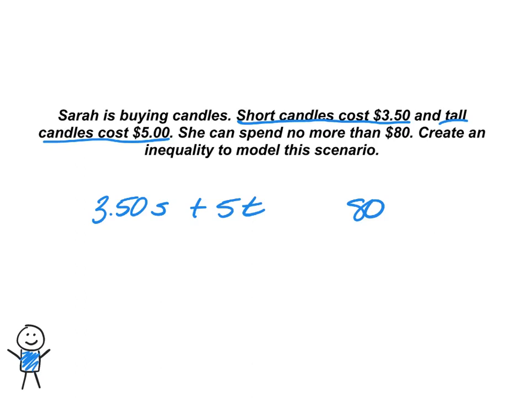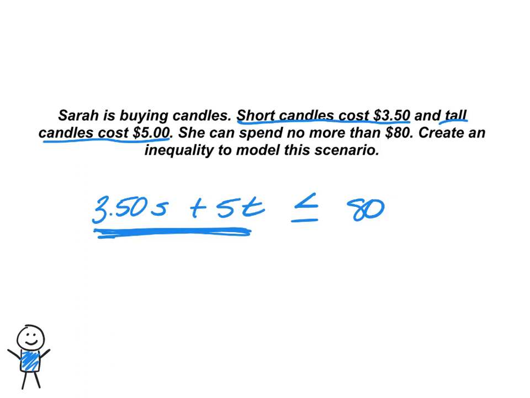So you've got to look at this situation and realize that we're comparing two things. The cost of the short candles and the tall candles, and then the amount of money that she has to spend. If she can spend no more than 80 bucks, then 80 is the maximum that she can spend. The cost of the stuff has got to be less than or equal to 80 bucks.